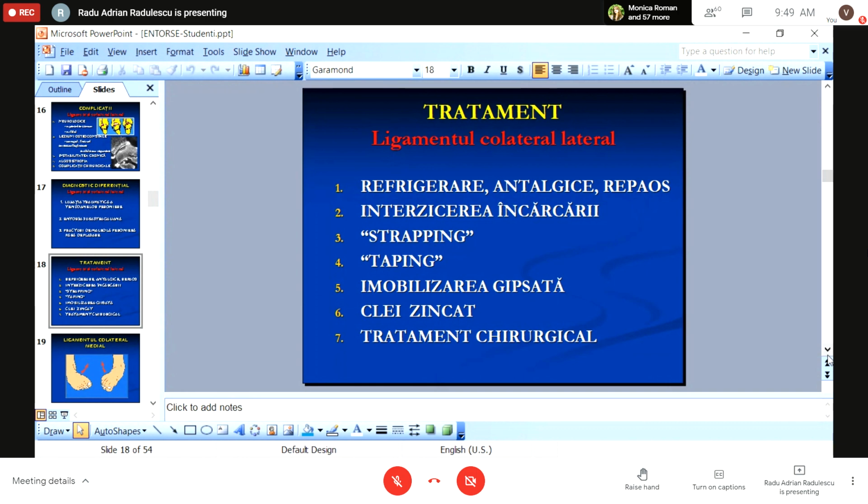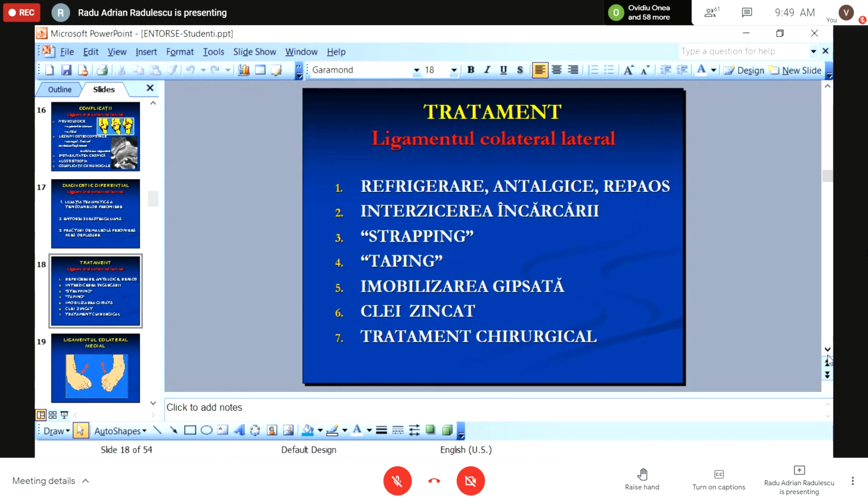Strapping means that we apply a non-elastic adhesive bandage, a bandage that sticks to the skin, around the ankle.